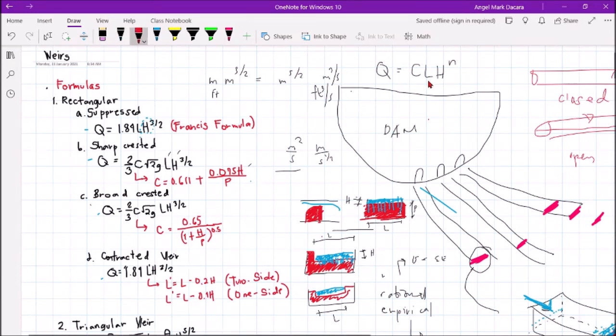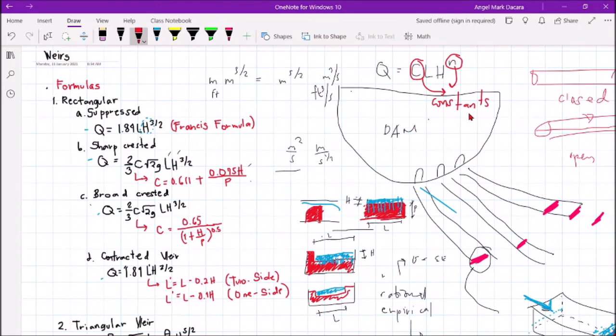Okay? Itong length is yung property niya ng weir. Itong height is kung gaano nakataas yung tubig dun sa ibabaw ng lip ng weir. Itong N at saka itong C ay these are weir constants. Okay? These are weir constants.